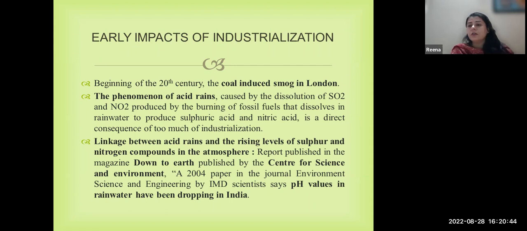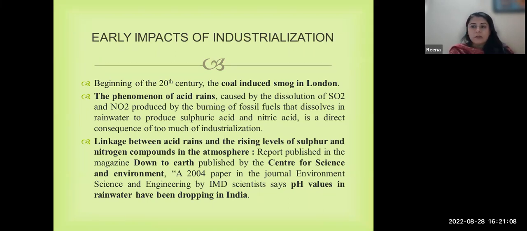If you search on the internet, there are many research papers in many renowned journals elsewhere. For example, the Centre for Science and Environment published a paper in 2004 where they noted that IMD scientists say pH values in rainwater have been dropping in India.